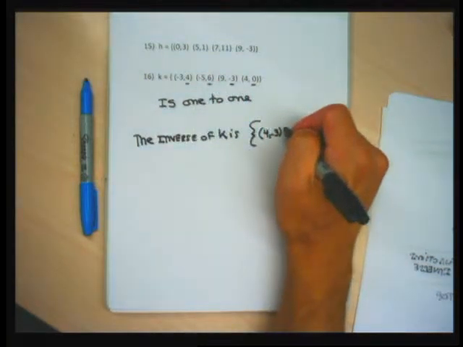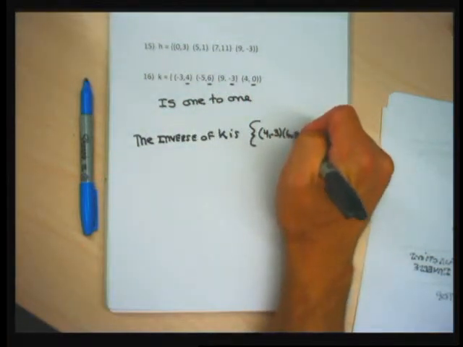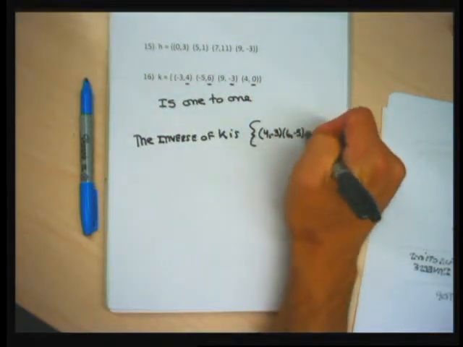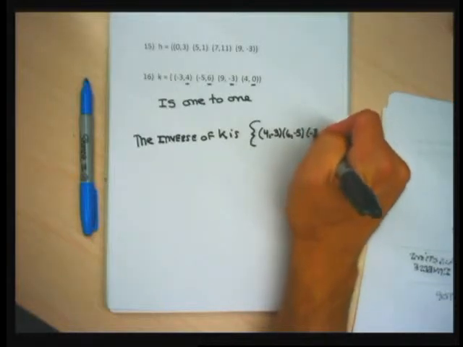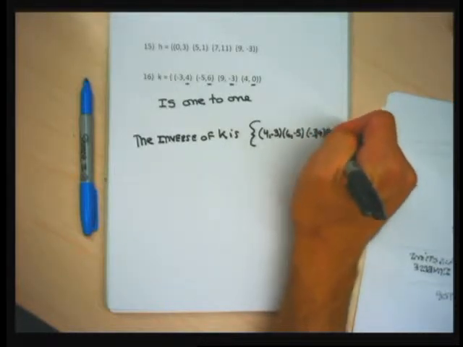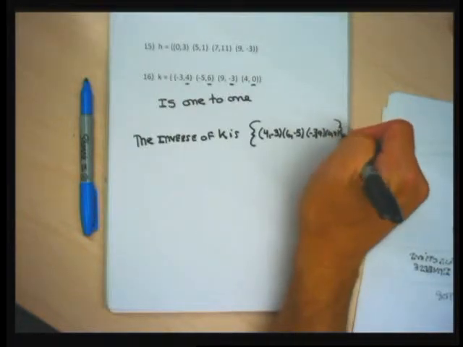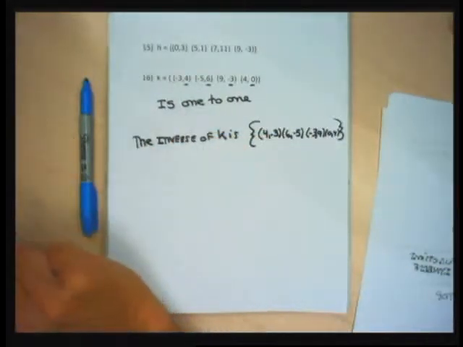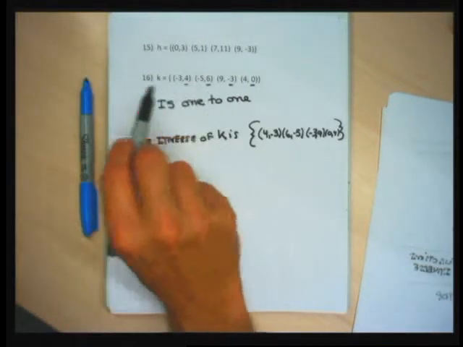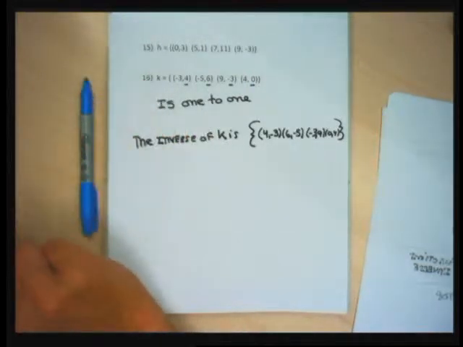In the inverse of k, it's going to be the point 6, negative 5. And then similarly, I'm going to have the point negative 3, positive 9, and 0, 4. So the inverse of a one-to-one function defined as a set of points you can create by just switching the points. You don't switch any of the signs, you just switch the x and y's and you're done.